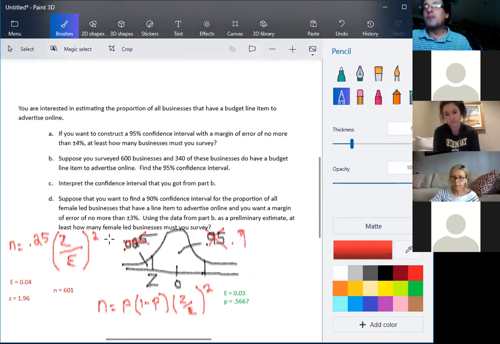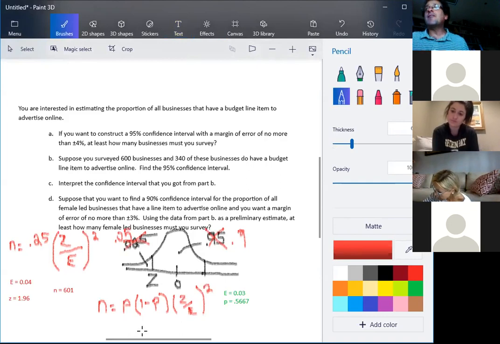Sorry, 0.05. Yeah, 0.05. If there's 90% inside, there's 10% outside. Half of that is 5%. Anyone lost on that little calculation? So that's 0.05. And by the way, you definitely don't want to miss a decimal place or your answer will be way off.